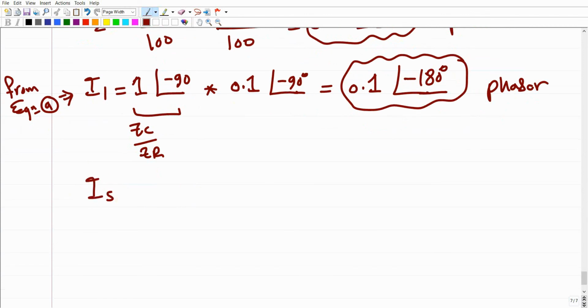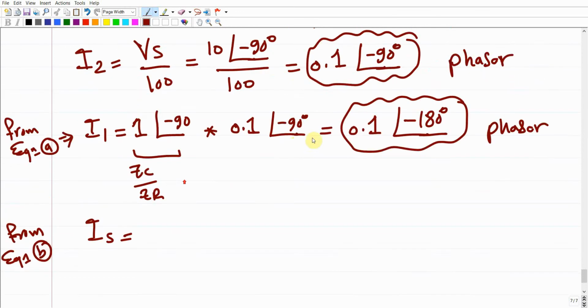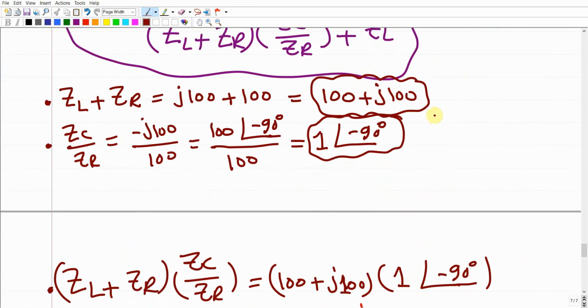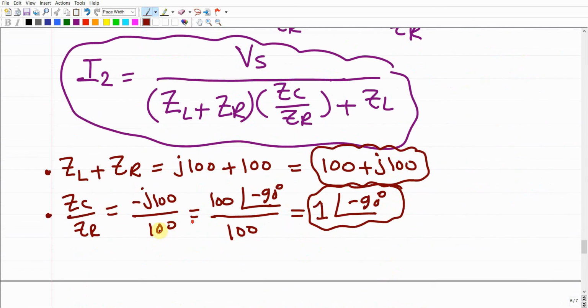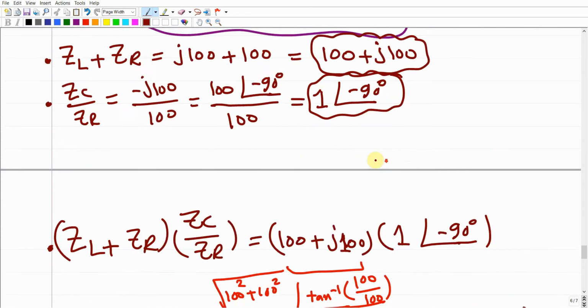How about IS? We're going to find it from equation B. From equation B, IS is I2, which we just got, times 1 plus ZC over ZR, and again, ZC over ZR is 1 angle negative 90.